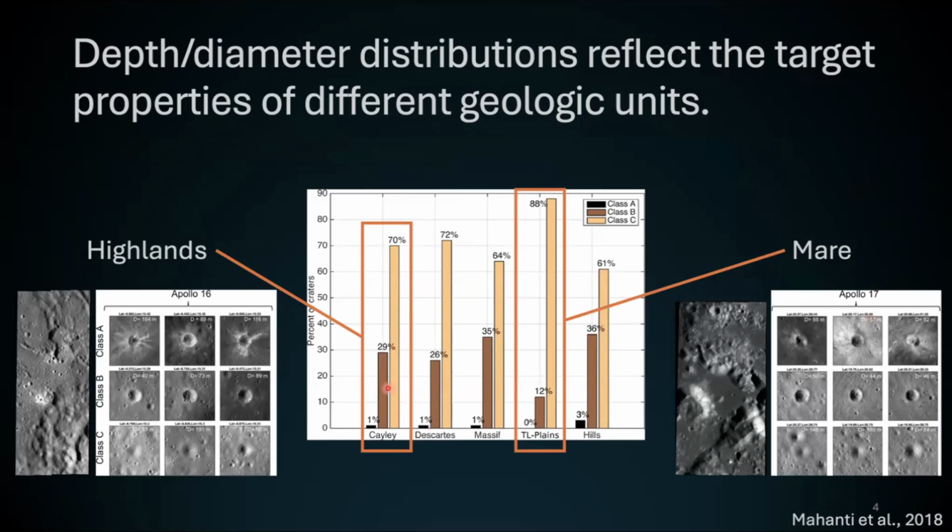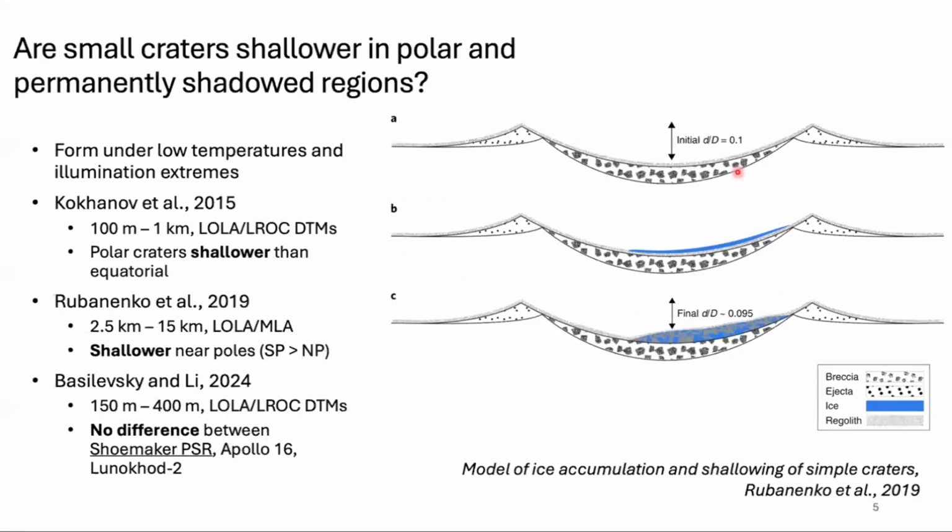And you can see in the highlands, where you'd expect the craters to be older than craters in the Mare, the distribution actually showed larger depth diameter ratios, consistent with fresher or younger craters than in the Mare, which is still an open question. We don't really know exactly why they found that difference, but they chalk it up to target properties. So that's something worth considering.